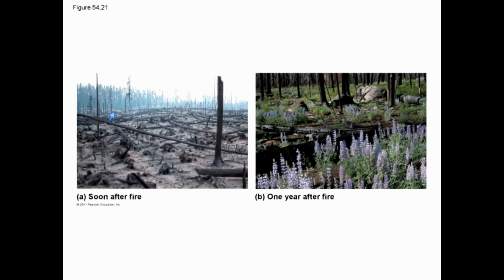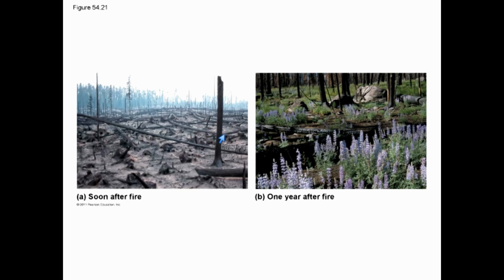This is what Yellowstone looked like right after the fire, and one year after the fire, this area looks nothing like that. Your book goes through a very well documented series of steps that occur after a fire in order to repopulate the area that has been disturbed.